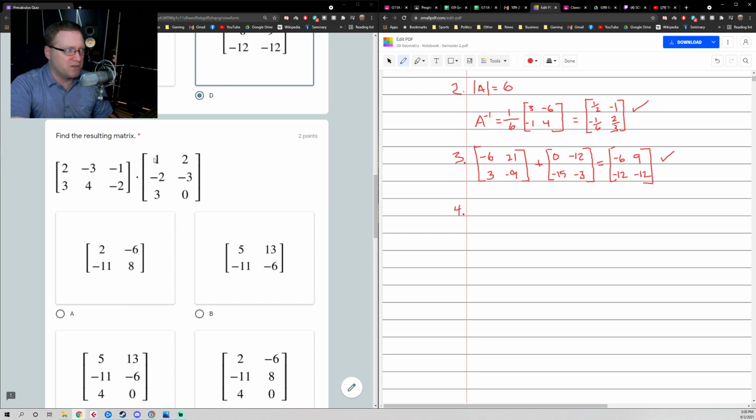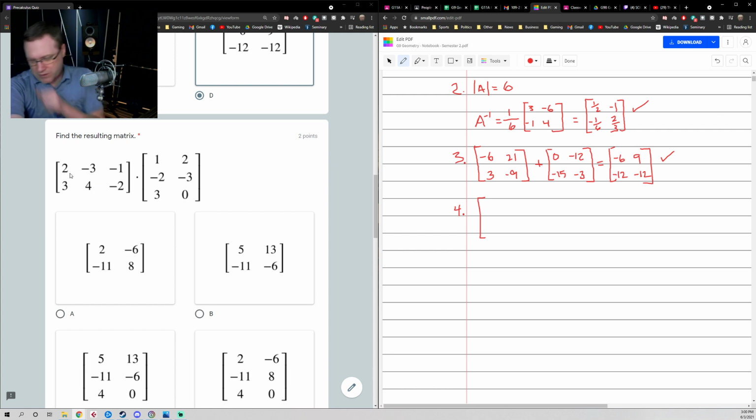The second matrix, you count the rows, 1, 2, 3. It's the same number, so we can multiply it. And we also know that the resulting matrix is going to have 2 rows and 2 columns. So our answer over here is going to end up having 2 rows and 2 columns.